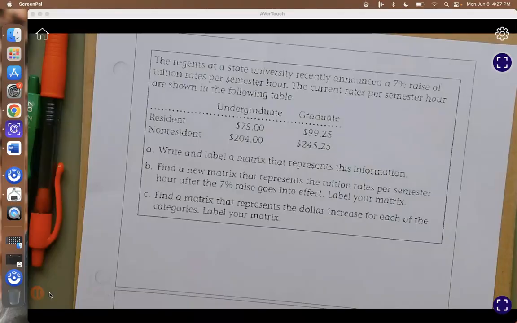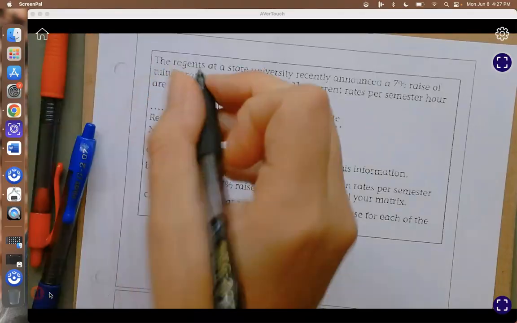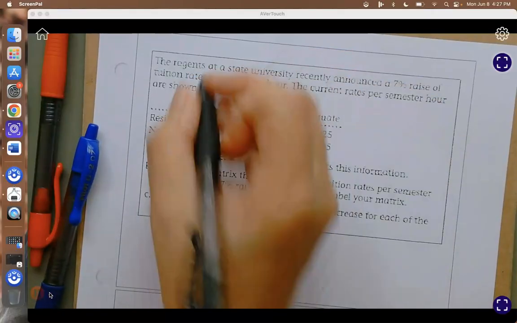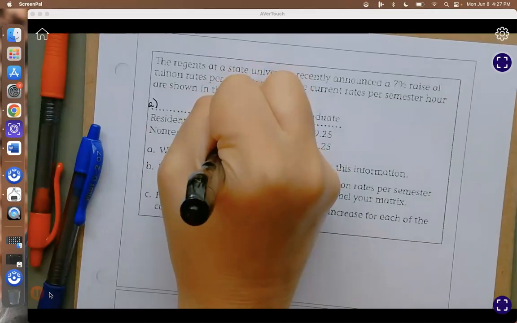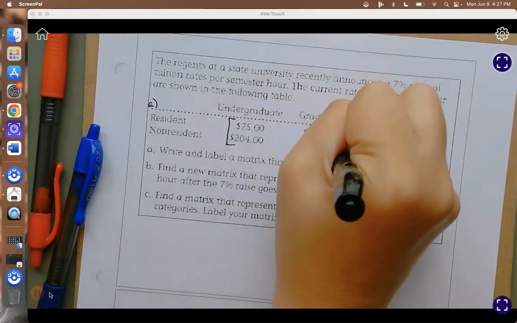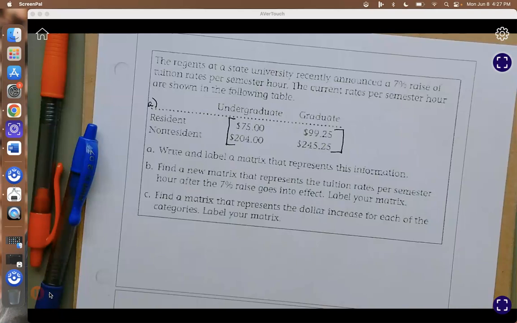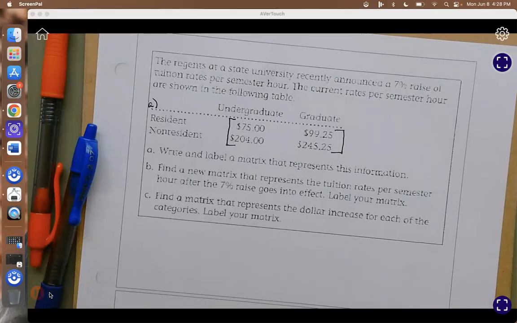Okay, so technically speaking, we could write and label a matrix. So let's make this part A. Okay, there's our matrix.